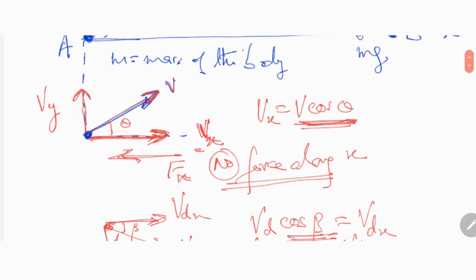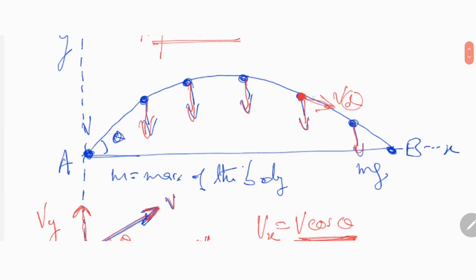We calculated the velocity of this object along the x-coordinate at this point, and we also calculated the velocity at this point. What were the values we got? The component here is v cos theta, and here we got Vd cos beta. Now remember, this is extremely important.